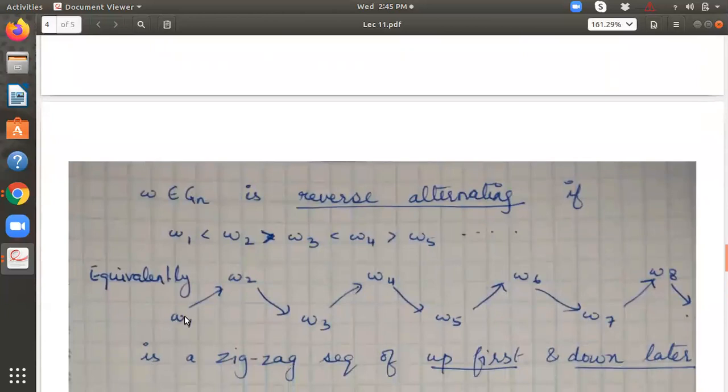You said W1 was smaller than W2. Now you have taken minus of W1 and minus of W2, so the inequality would reverse. So minus of W1 is larger than minus of W2. Right? Basic inequality.